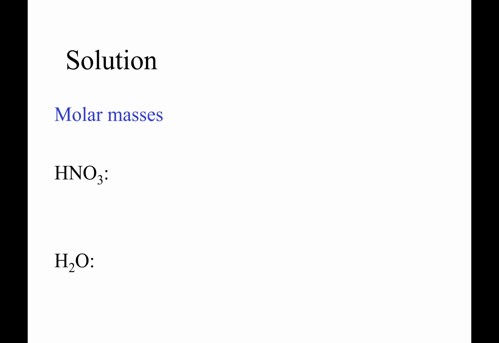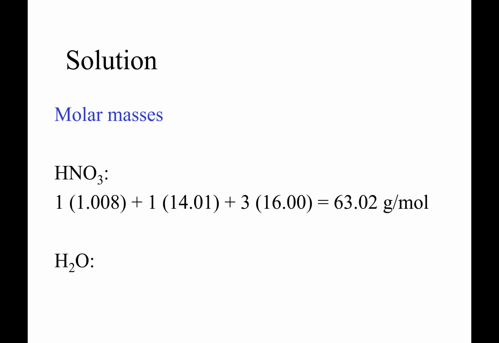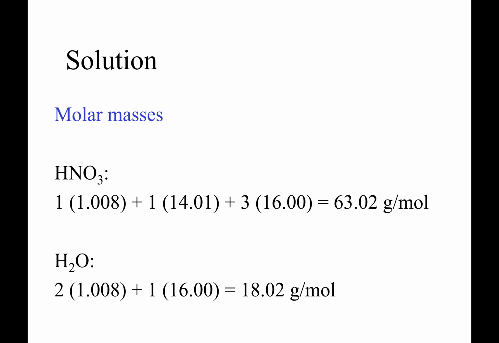So let's see. The molar masses of the solute and the solvent look like this. You probably already know the molar mass of water. But the molar mass of HNO3 is 1.008 plus 14.01 plus 3 times 16.00.